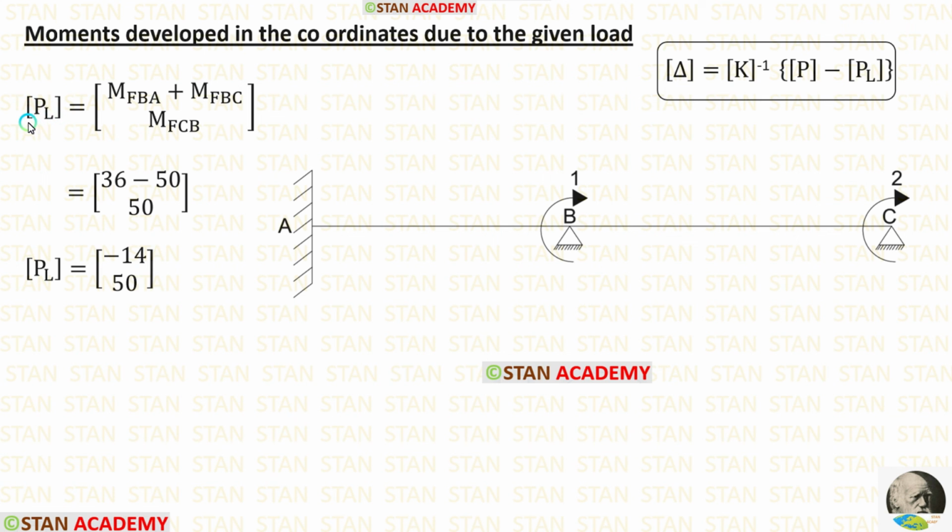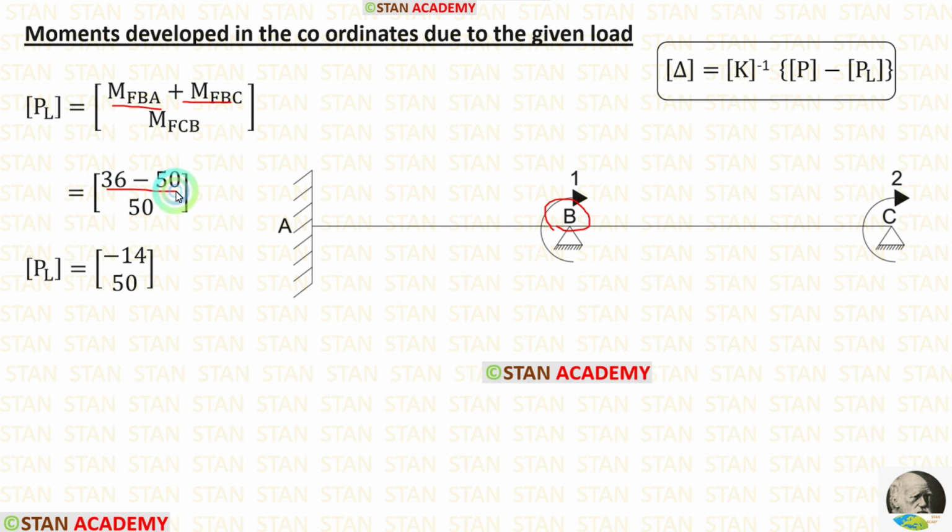We know that inside the PL matrix, we will have the moments developed in the coordinates due to the given load. In this analysis, there are two coordinates, in the point B and the point C. In the point B, we have calculated two fixed end moments, M of BA and M of BC.